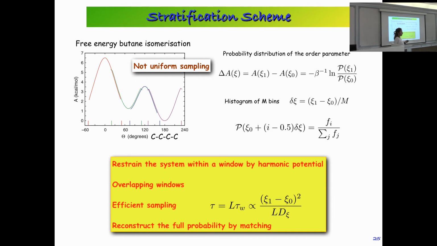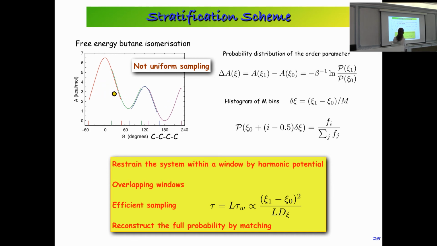You have to take into account that already a difference of 5 kT makes a huge difference in sampling. A state that is 5 kT lower will be sampled 1,000 times more than a state that is higher. So it's really a problem of making the sampling uniform.